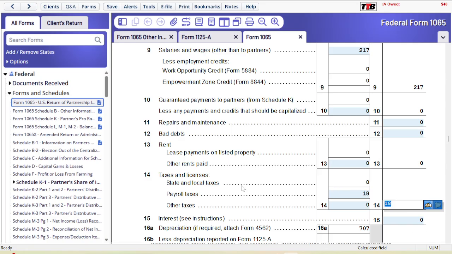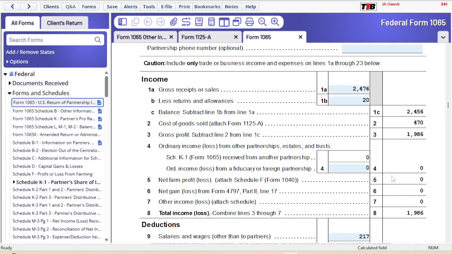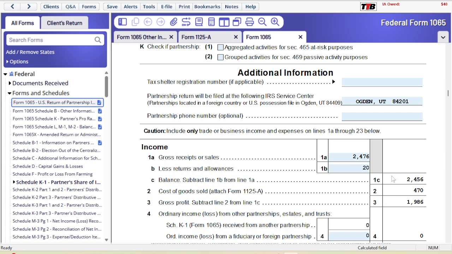So I'm going to say something here. If you are selling products, at least that's the way I do it, and that's the way I understand it, like in the example of our business, sales tax is not included in this gross receipts here.